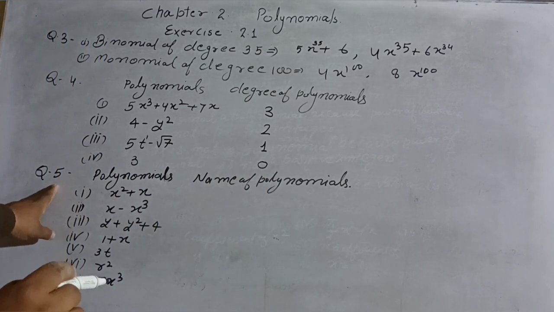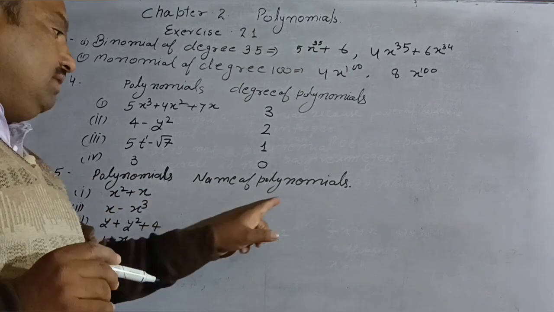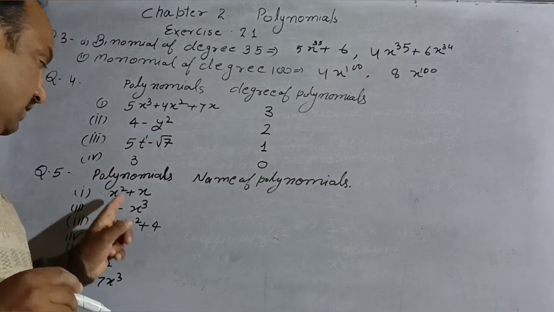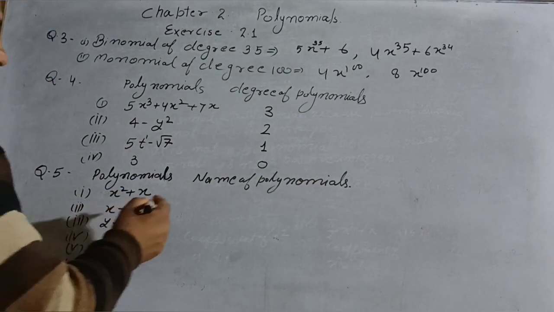In question number 5, according to power, write the name of the polynomial: quadratic, cubic, linear. This has 2 power, therefore it is a quadratic polynomial.